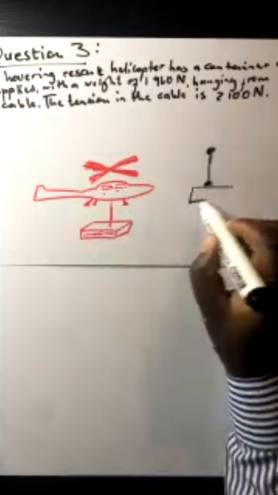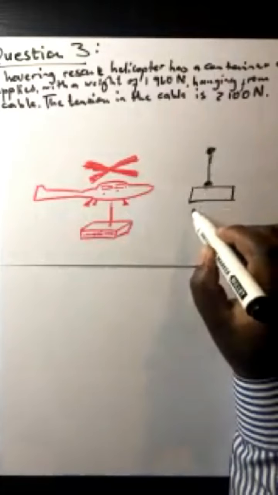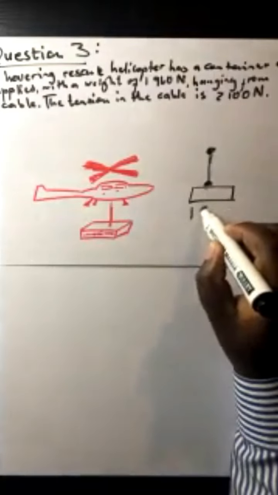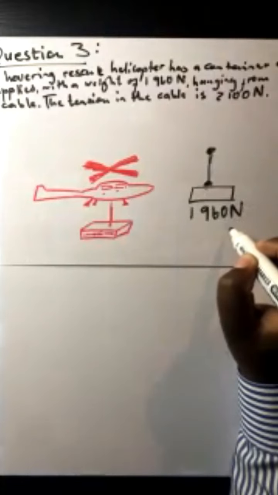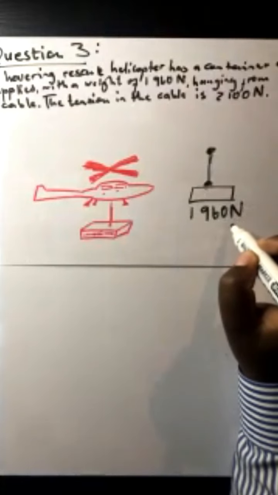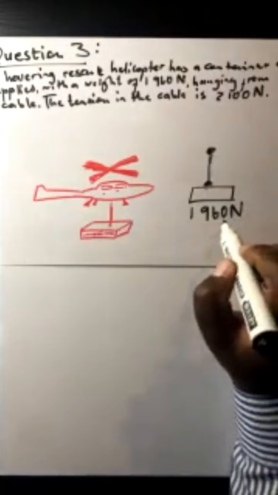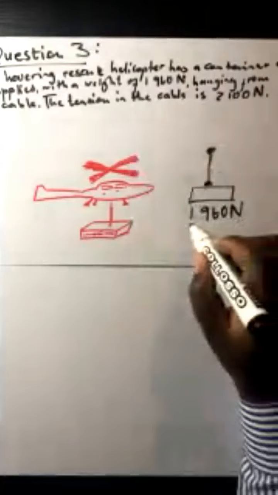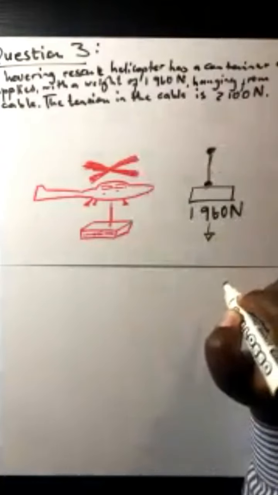So the container itself, they just said it has a weight of 1,960 newtons. Very much important, ladies and gentlemen, this is a force which is a vector quantity. Therefore, the direction is very much important. So that means this force is in the downwards direction. Why?